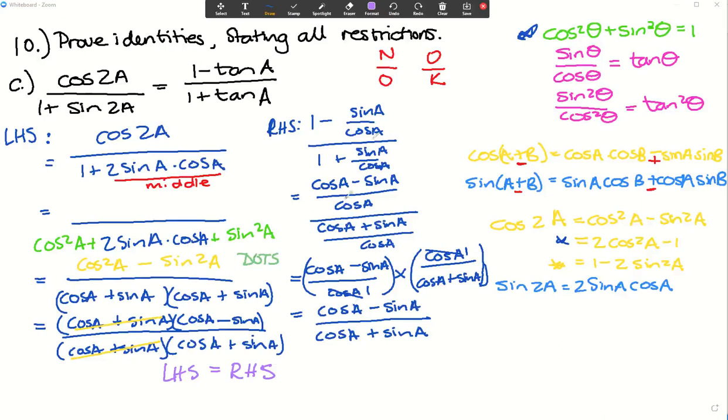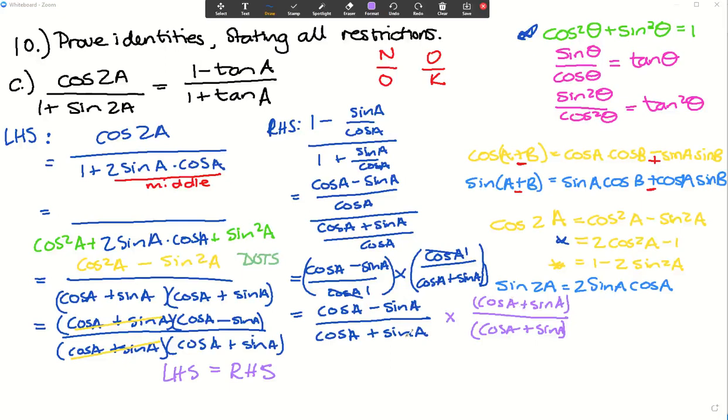You could have gotten to this point, and then if your brain works like this, you could have decided to times it by a value of 1, which is the same as the denominator. You would have ended up getting cos A plus sine A times cos A plus sine A. And you would have realized that this multiplied together gives you this difference of two squares.